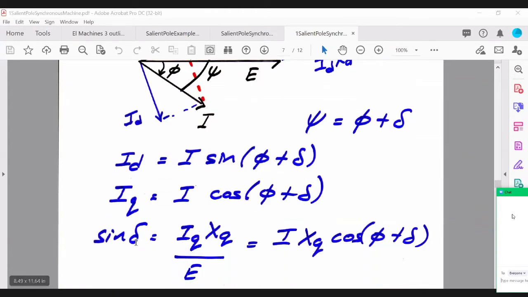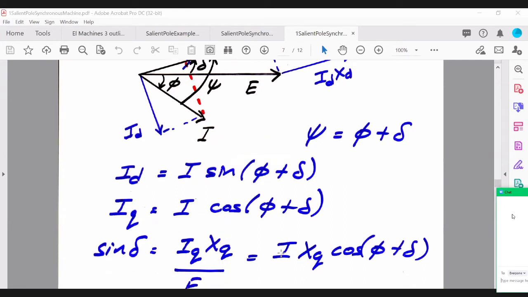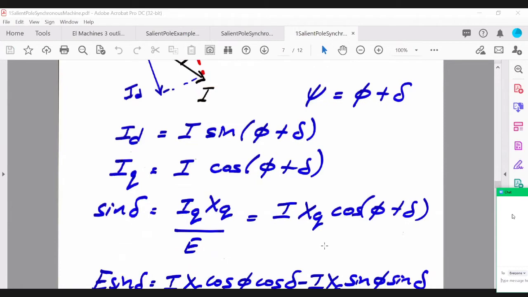So sine delta is equal to IQ XQ over E, and we can replace the current IQ using this equation to be equal to I XQ cos of phi plus delta, right? So that's basically expressing the angle sine delta in terms of I, XQ and cos of phi plus delta, okay?